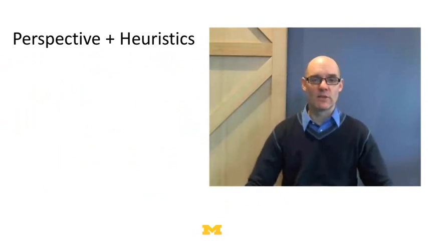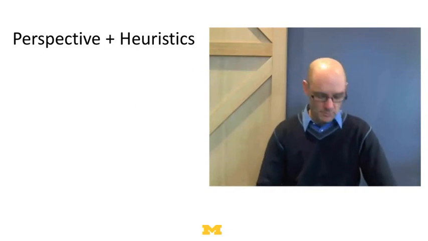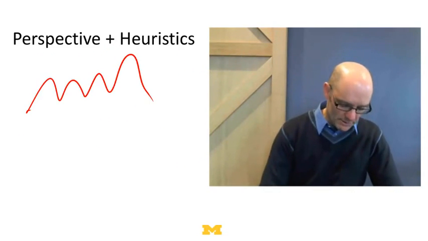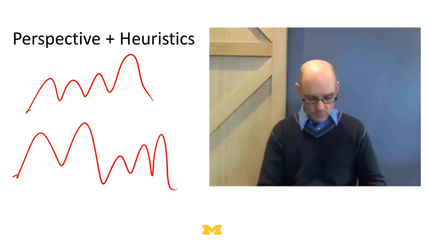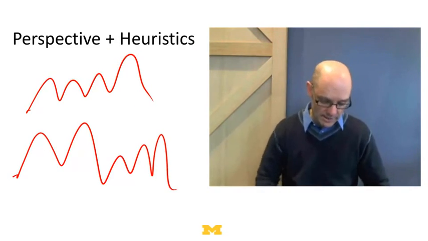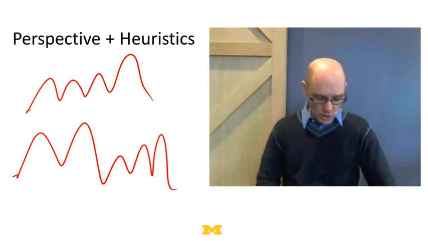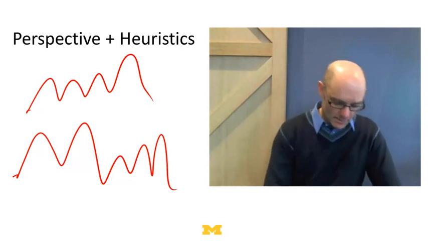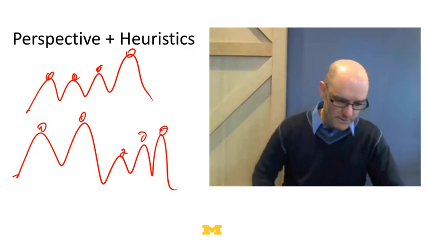So let's combine all this for a second. What were perspectives? Perspectives were ways of representing the problem. So one person might have a perspective that looks like this, another person might have a perspective that makes those same problems, where the same set of solutions look like that. What is a heuristic? A heuristic is how we search. So one person might hill climb, and so that person would get stuck at these points, in these 2 landscapes.